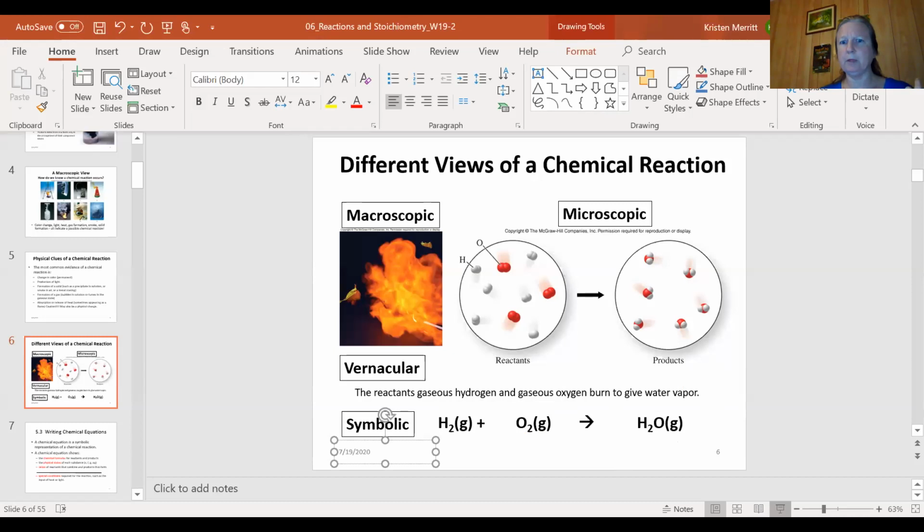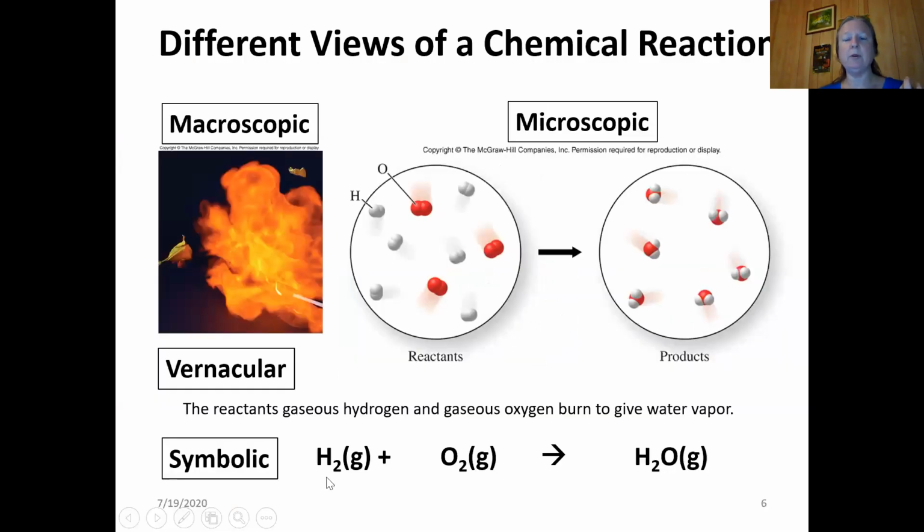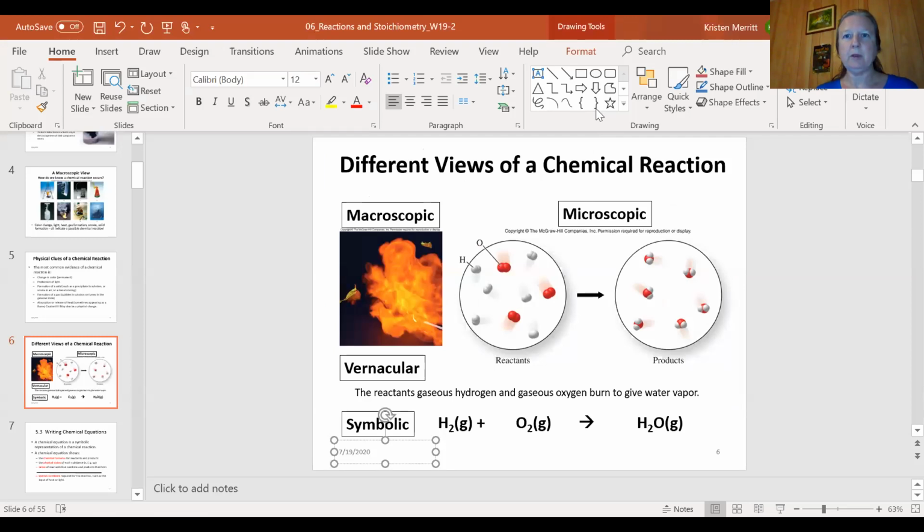Because if you notice, I have two hydrogens over here, and I have two hydrogens over here. That's fine. But I have two oxygens here. I only have one here. So this is an unfinished equation. We will have to balance this equation. So I'm going to use this as my simplest example of balancing equations. So I'm going to be on the whiteboard a lot this lecture.